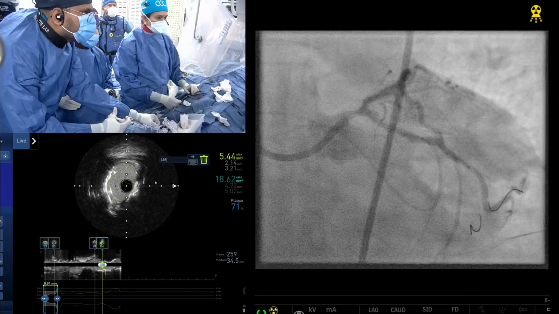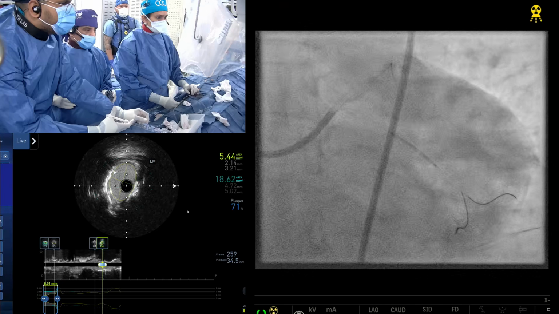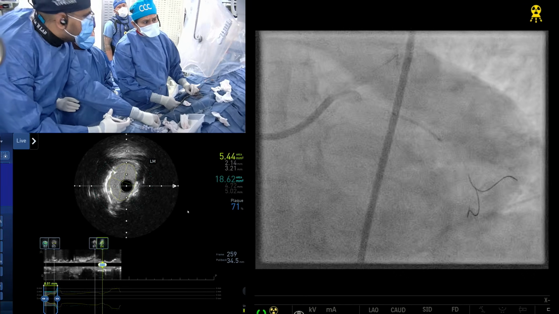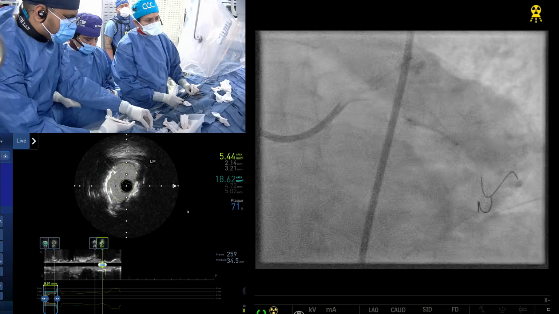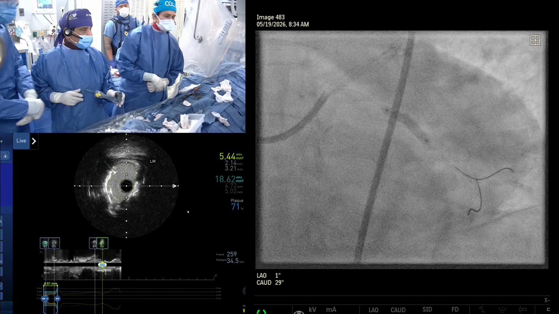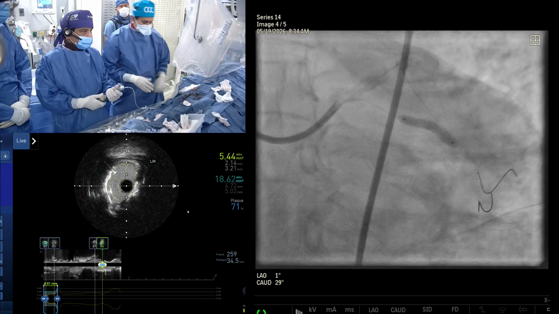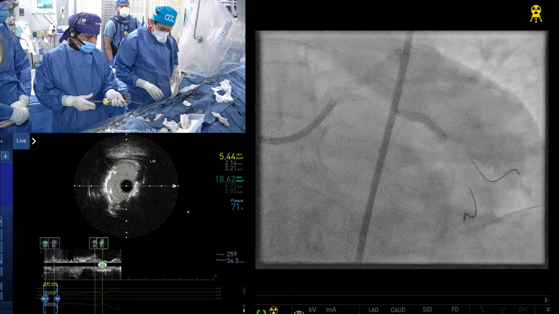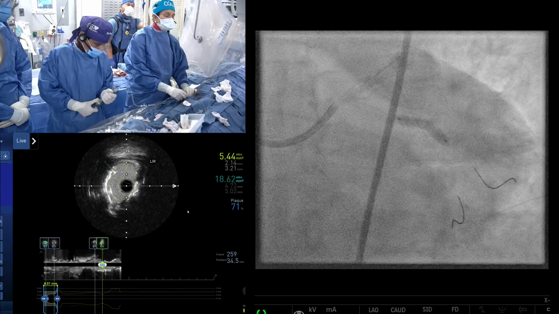In this case, preferably if you get 10, then there will be no restenosis. Good. Okay, 3.5, 10. Good. Go up again. IVL is ready. Okay, good.